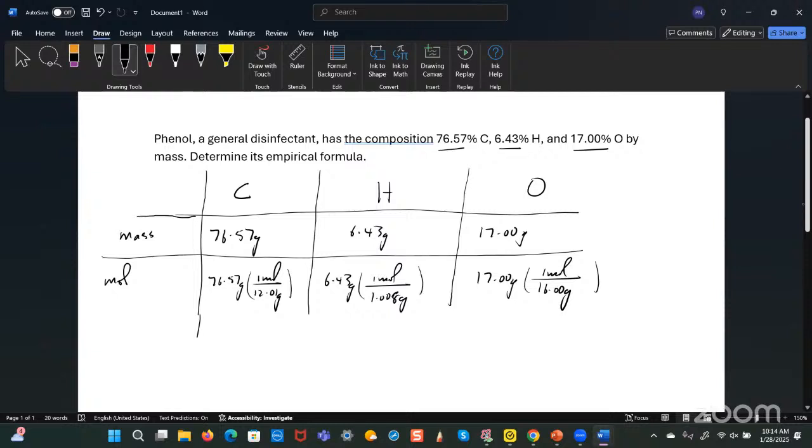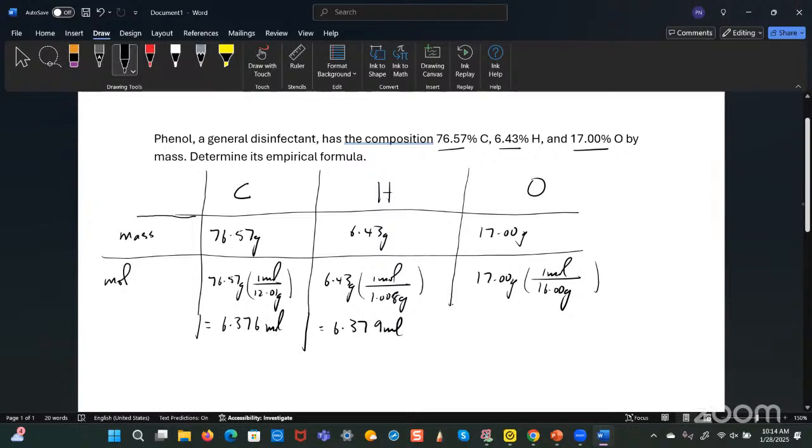Okay, now for carbon, when I did that calculation for the mole value, I got 6.376 moles, right? In the case of hydrogen, 6.43 divided by 1.008, and I got 6.379 moles.